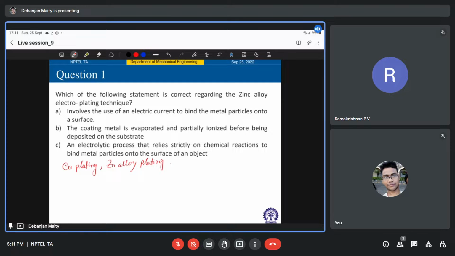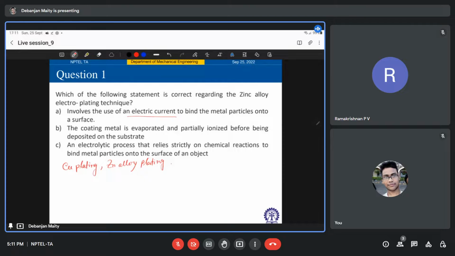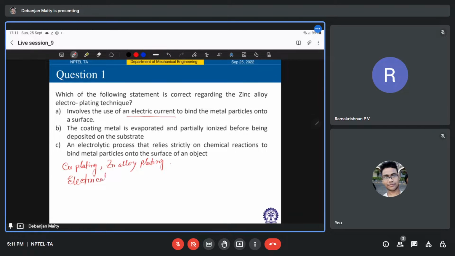So if you see the different statements here, the first statement says it involves the use of an electrical current to bind the metal particles onto a surface. Yes, this is true for zinc alloy plating. In zinc alloy plating, you use some electrical current to bind the particles. So this is true.